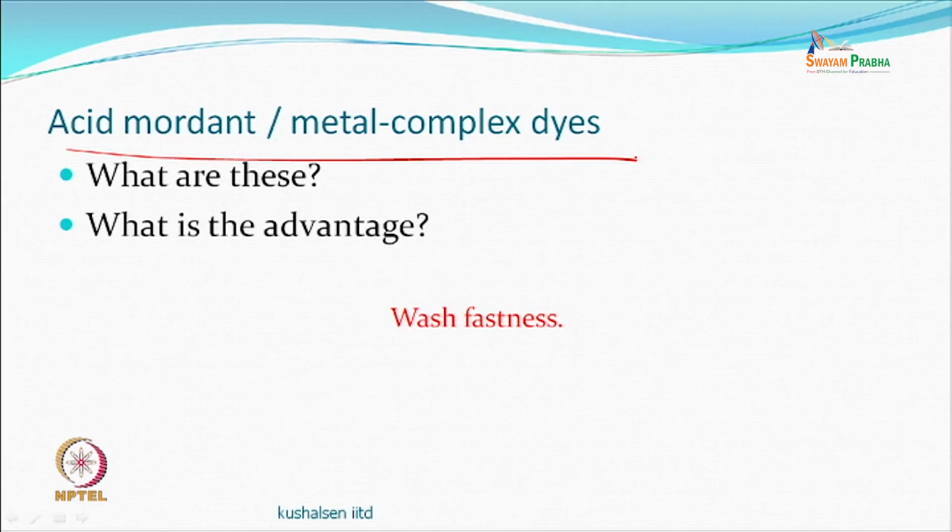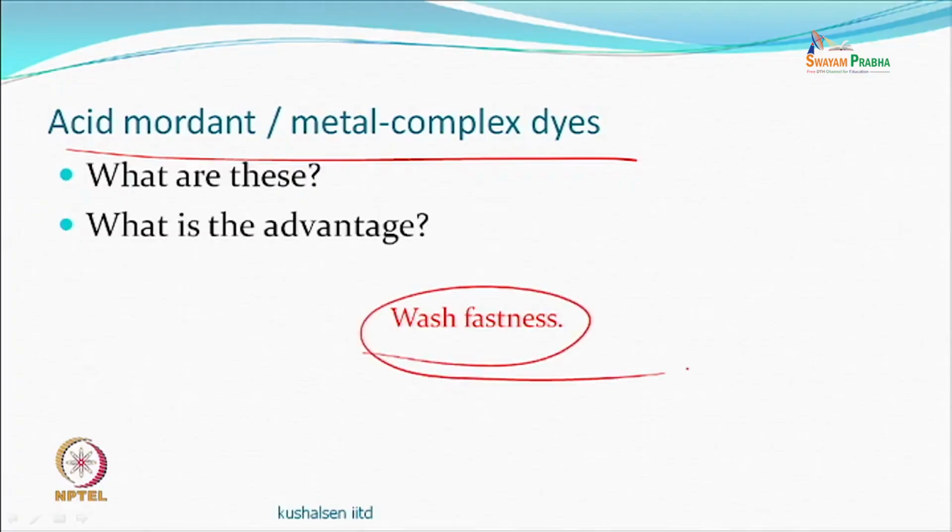So metal complex dyes, which are already there, either the complex is pre-metallized, so you already made the complex as a larger molecule, or you make the complex later in some way or the other. In printing you may like to have a metal complex dye, or you have to print with a mordant first, or pad with a mordant first and then print the mordant dye, and so you can get the complex formation there.